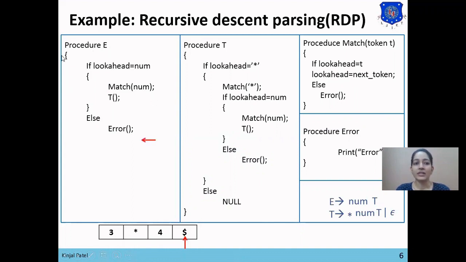Now in procedure E, we need to add one if condition for dollar: if lookahead equals dollar, then declare success, meaning our string has been parsed successfully. Else procedure error will be called, which means there is an error in our input string.